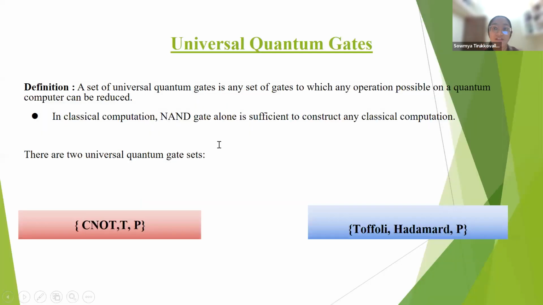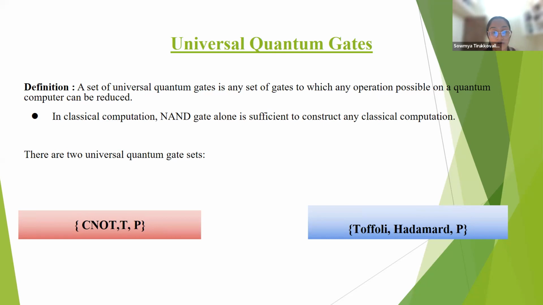We know that in classical computation, the NAND gate alone is sufficient to construct any classical computation. A set of universal quantum gates is any set of gates to which any operation possible on a quantum computer can be reduced. There are two universal quantum gate sets.